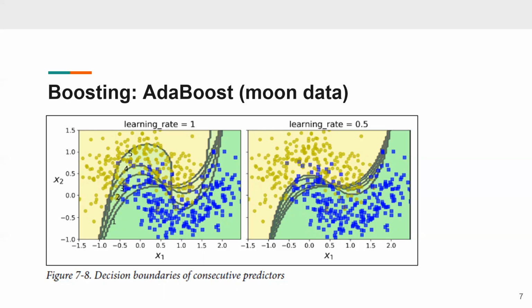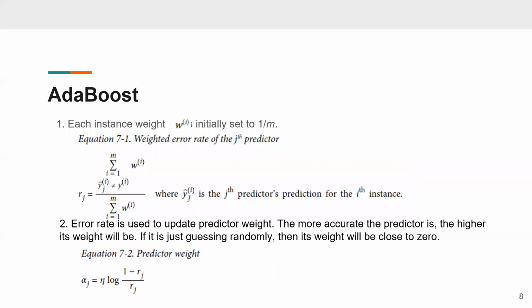But conceptually, you should be aware that you start with model 1, and then you improve to model 2, model 3, model 4, model 5, and just by adjusting the learning rate, you get a different picture of the AdaBoost performance on the moon data. We're going to discuss this learning rate shortly so that you know what that is. So let's understand the algorithm.